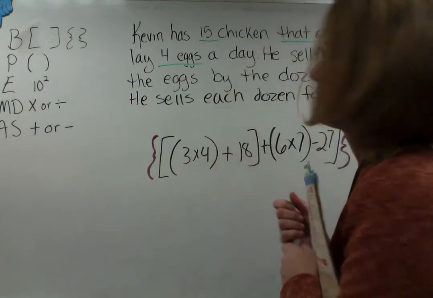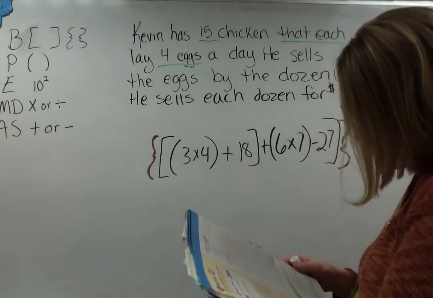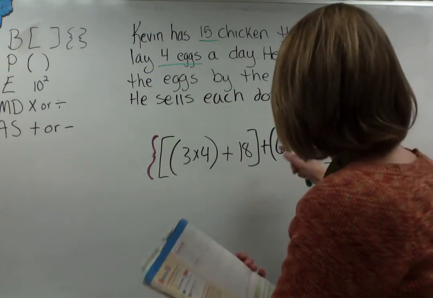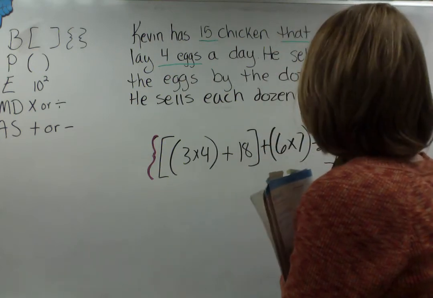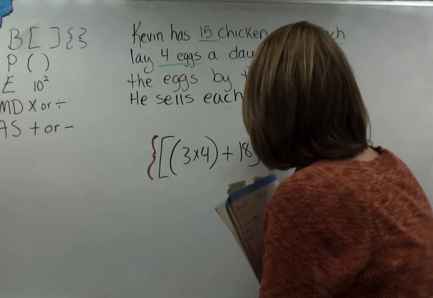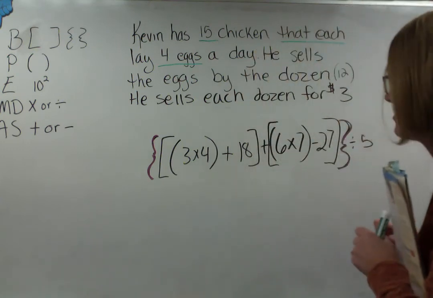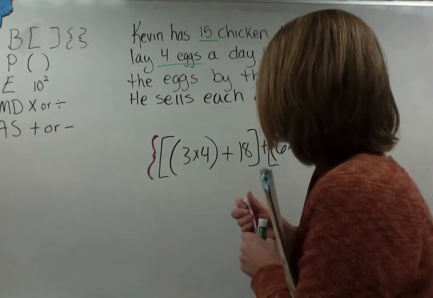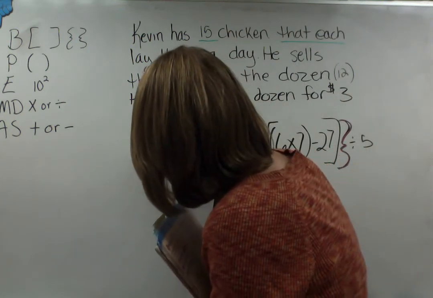So make sure I did my problem correctly. Oh, I forgot a set of brackets. So what basically happens in here is there's 2 sets of brackets inside the fancy brackets. So what that means is that this is one problem.